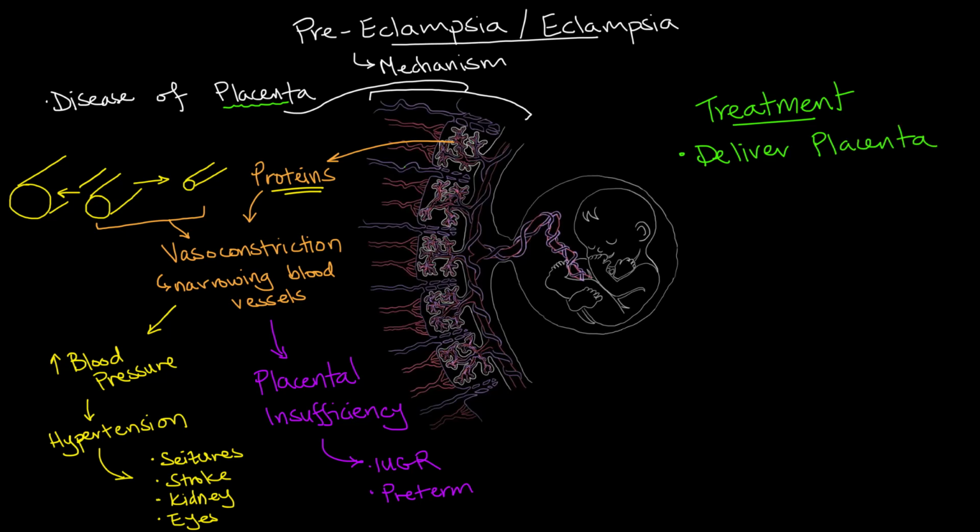You have to get rid of the placenta. Even if you delivered the baby but left in the placenta, in some hypothetical, imaginary situation, the mother would still have issues of eclampsia and preeclampsia because these proteins are still being produced by the placenta. This is really the only cure, but there are ways that you can manage preeclampsia.